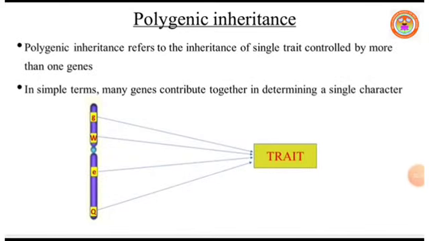More than one gene, or many genes, contribute together in determining a single character. So several genes which combine together to affect a single trait is called polygenic inheritance.